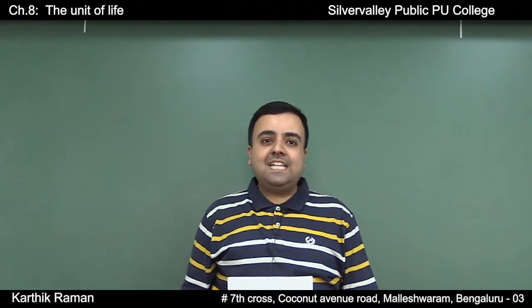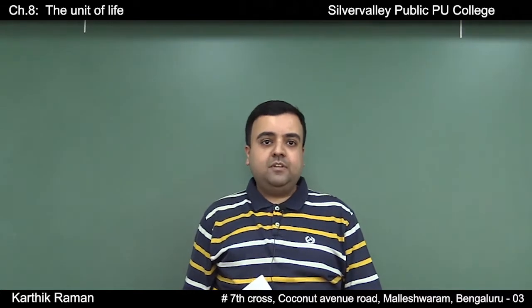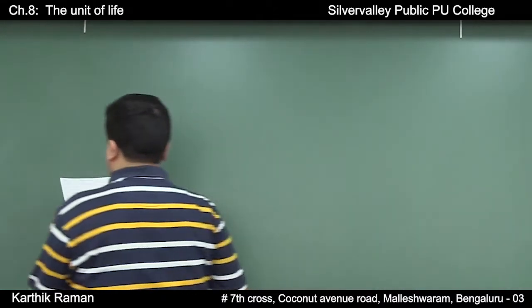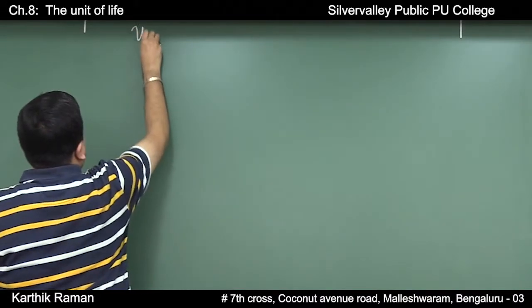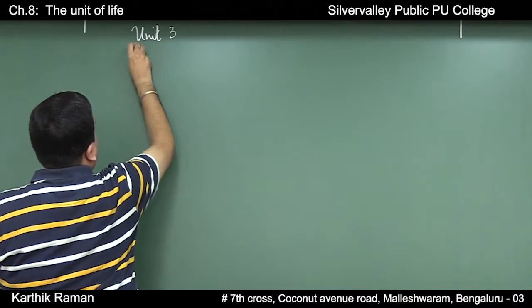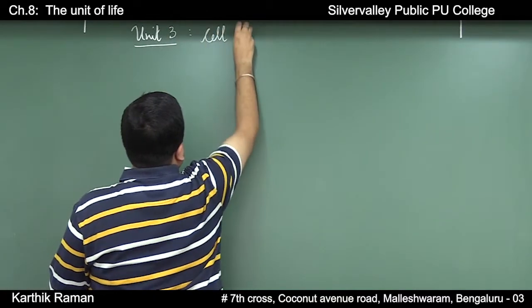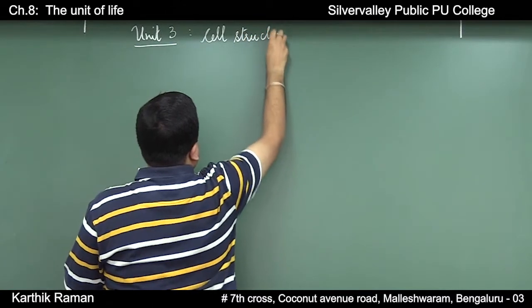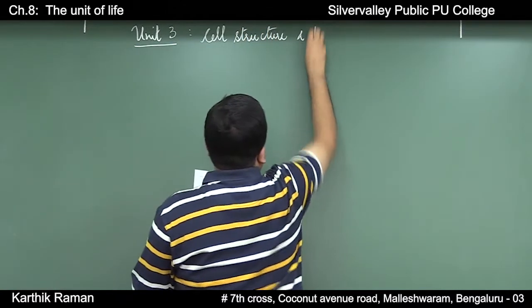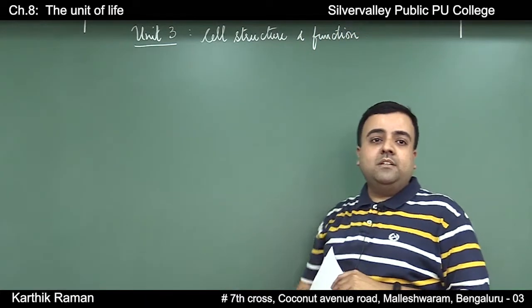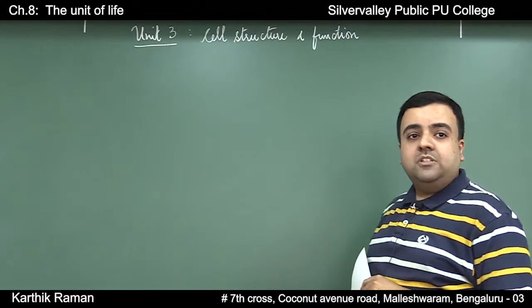So today we will be dealing with the chapter of cell, the basic unit of life. So first let us see what is the scope of syllabus as prescribed by the NCERT. So this is the basic unit, that is unit 3, cell structure and function.